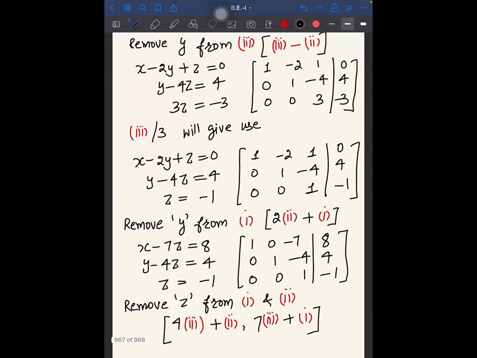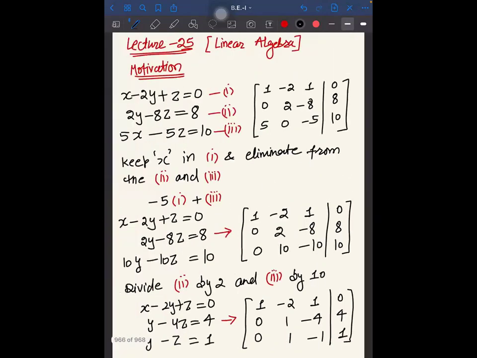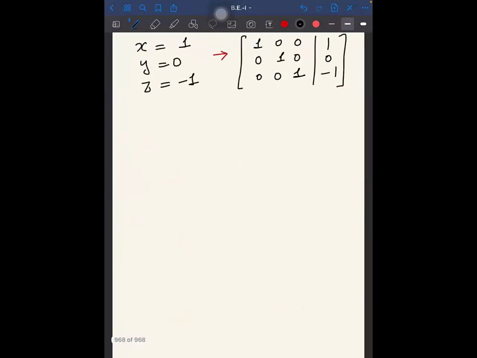At every step, our coefficient matrix keeps on changing. So we need to know certain operations through which we can connect the solution of the system of linear equations and the matrices. If we know about these operations, then we can easily solve the system of linear equations. By applying these operations, we can reach over here, which gives us the values of x, y, and z.